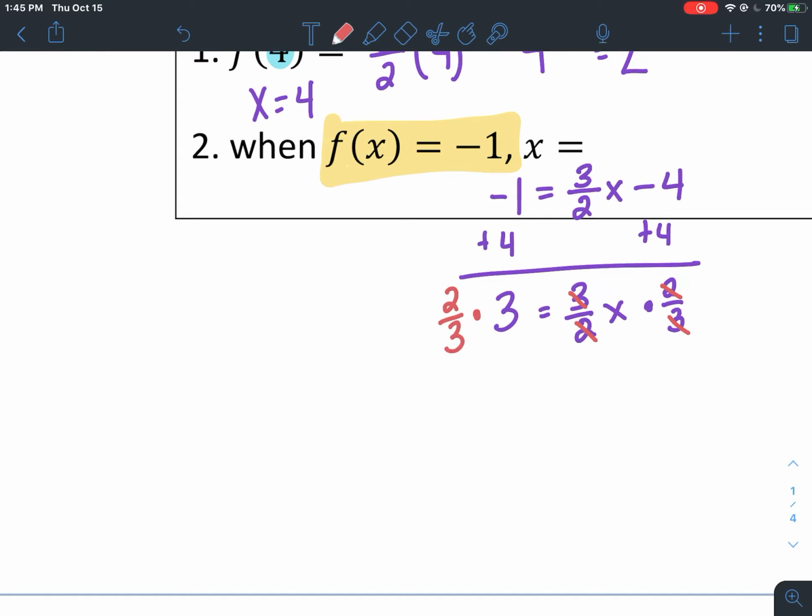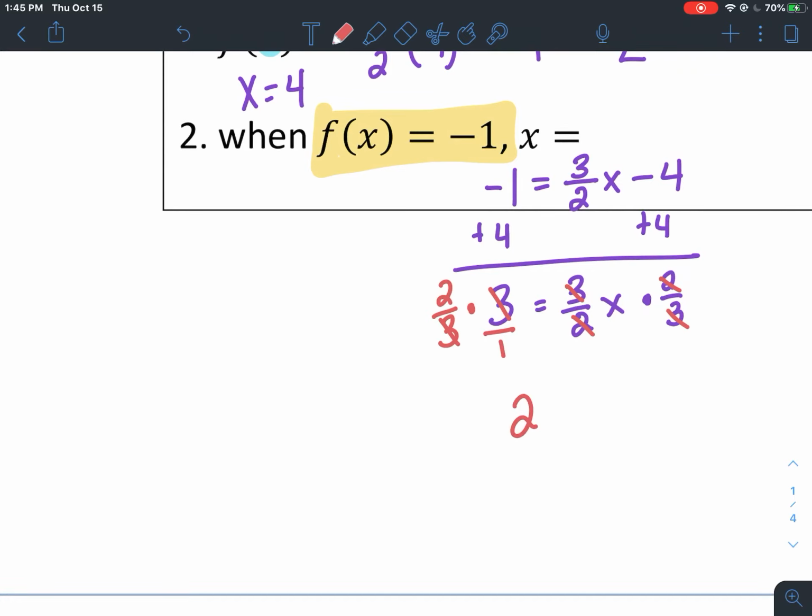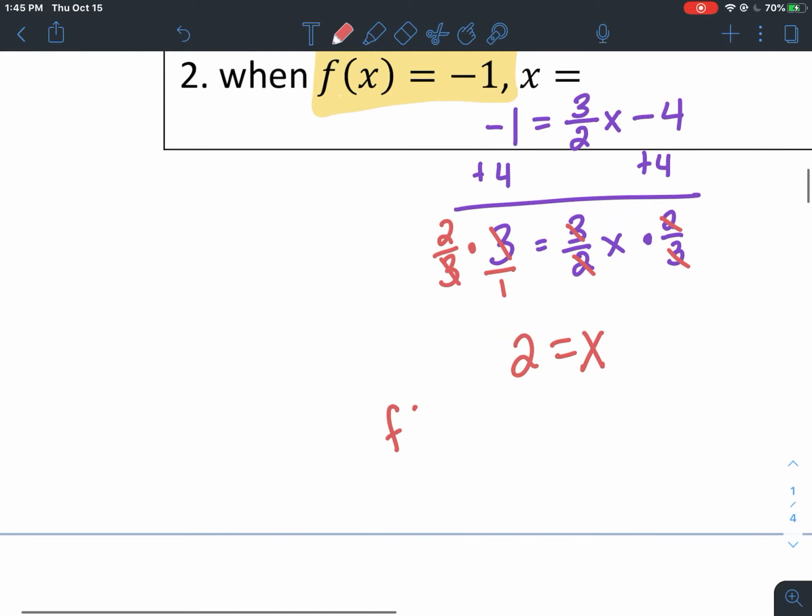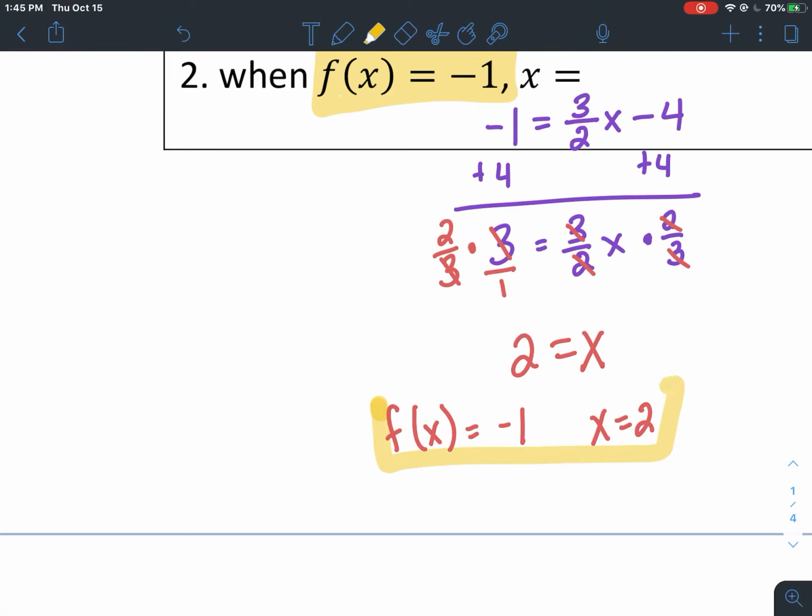Then it's 2/3 times 3/1. These 3's are going to cancel, so I'll be left with 2 equaling x. So when f of x equals -1, then x equals 2. And that's how I write my answer. Let's highlight that.